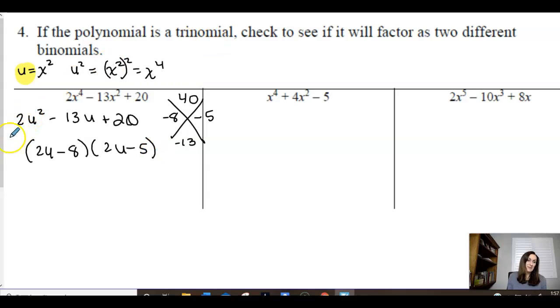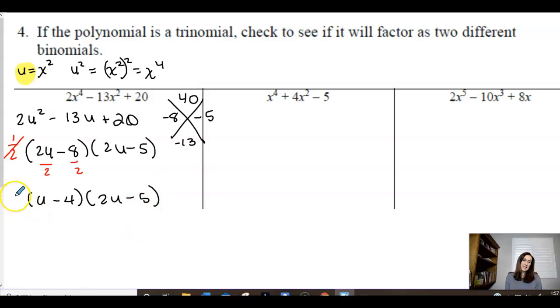And that's because I factored out a half. Now I'm going to take the half and multiply it through. To do that, I'm going to divide the 2u by 2 and the 8 by 2. I'll cross that out. And so that's going to give me u subtract 4 and 2u subtract 5.